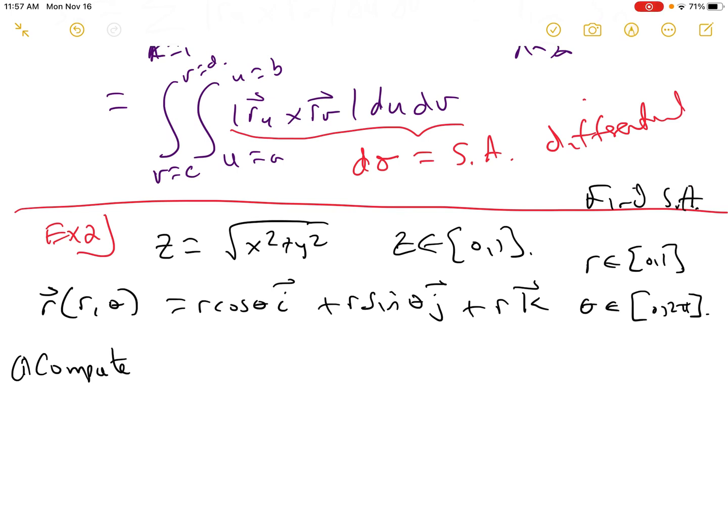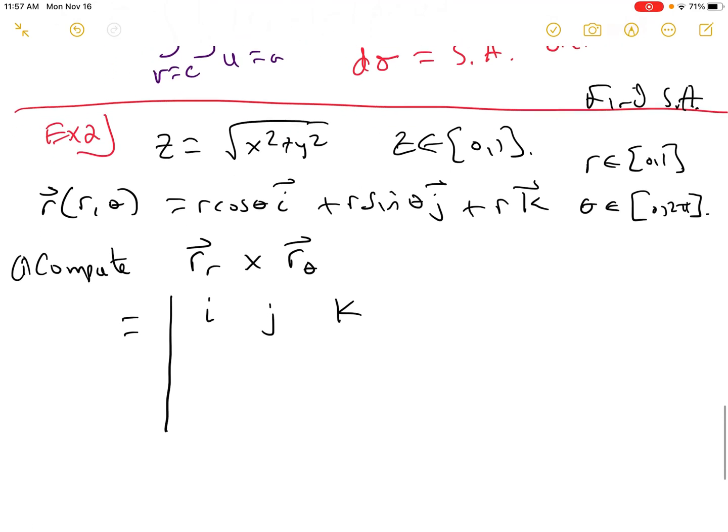So step 1 is compute r sub r cross r sub theta. Now these are partials. And using the matrix form, we have i, j, k. The r partial of x is cosine theta, the r partial of y is sine theta, and the r partial of z is 1.